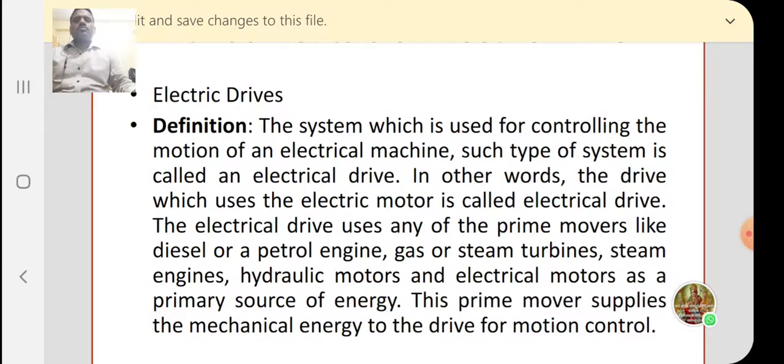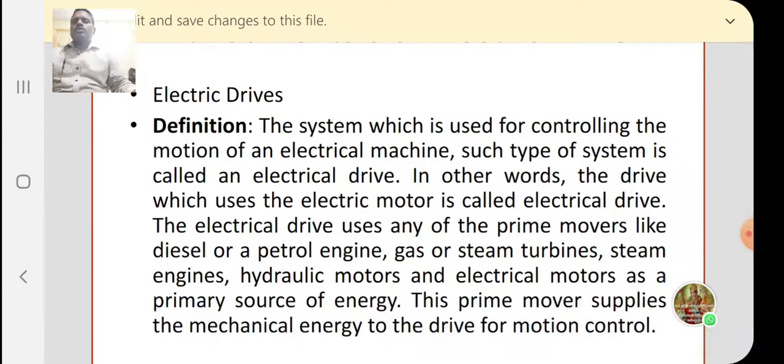Here two types of motion are used: the first is rotational motion and the second is translational motion. These two motions are used in electrical drives.